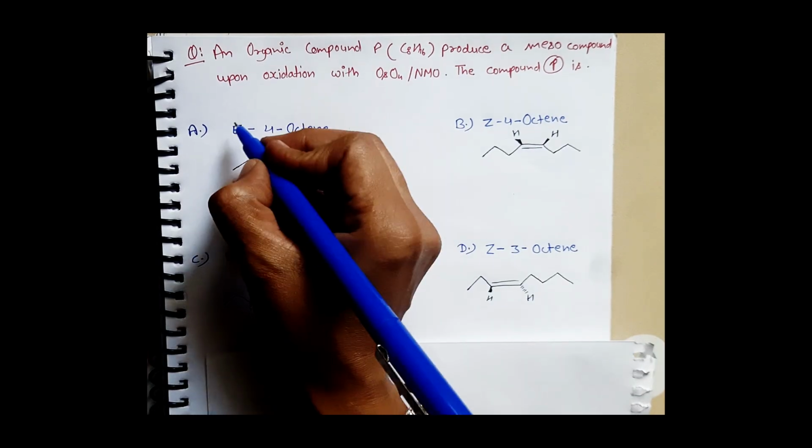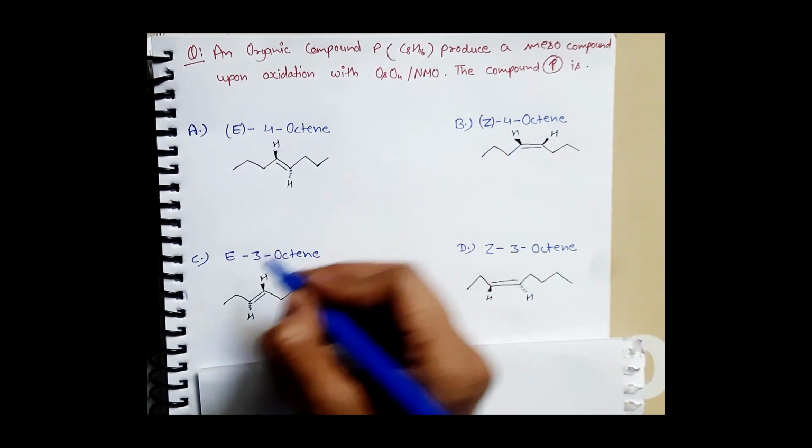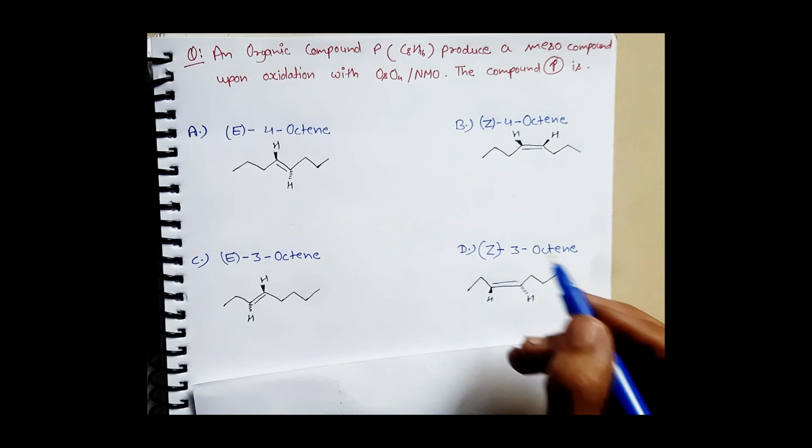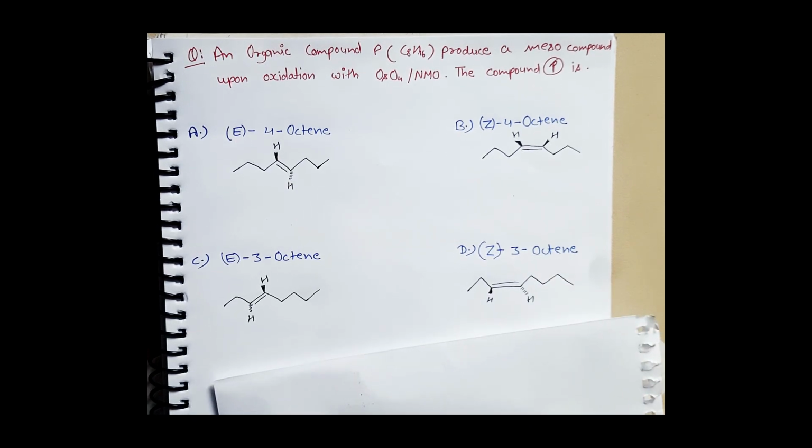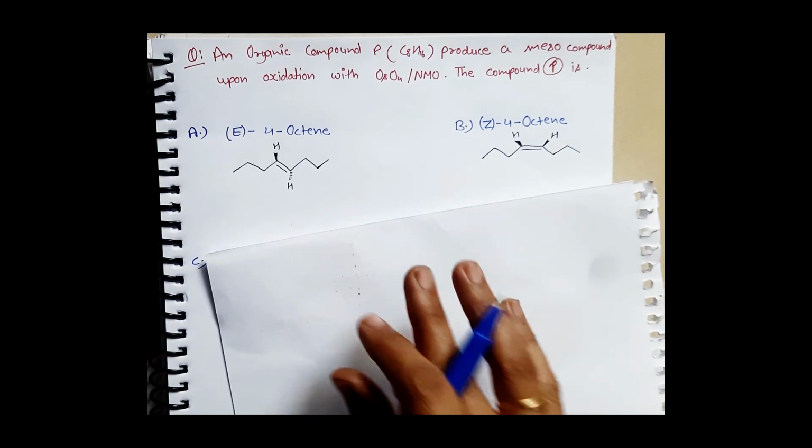Like here they give E, Z. So first we learn about E and Z isomers, or the E and Z phenomena. What do E and Z represent here?